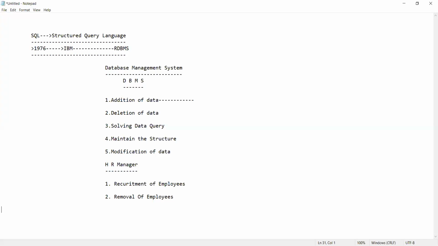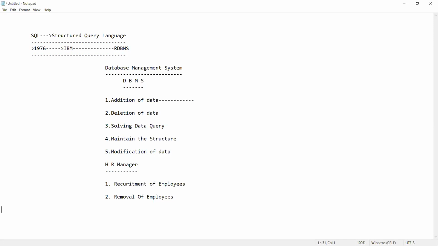Whichever employee is not performing, based on their performance, or whichever employee is not required by the company, they will remove him. So that is called removal of employees. They are removed by the company, or by the HR manager.